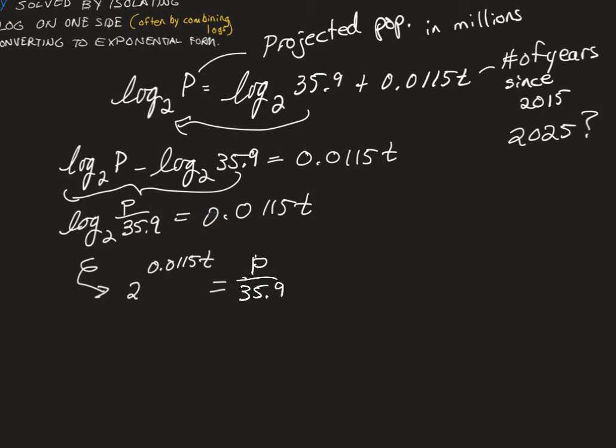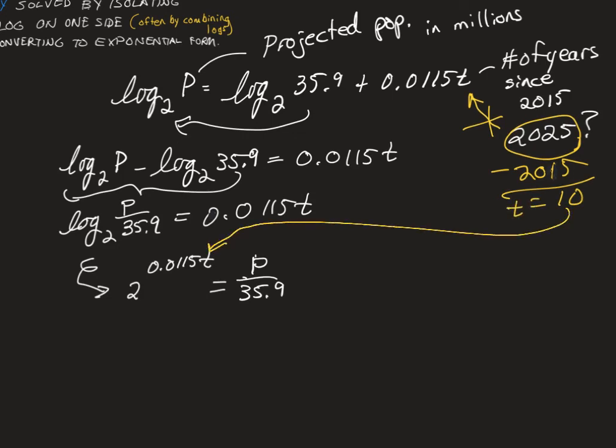We've already decided what the time is. We decided we want it in the year 2025. But what we need to put in for t, we can't put that in yet. We need the number of years since 2015. So 2025 minus 2015 is 10 years. So t equals 10.